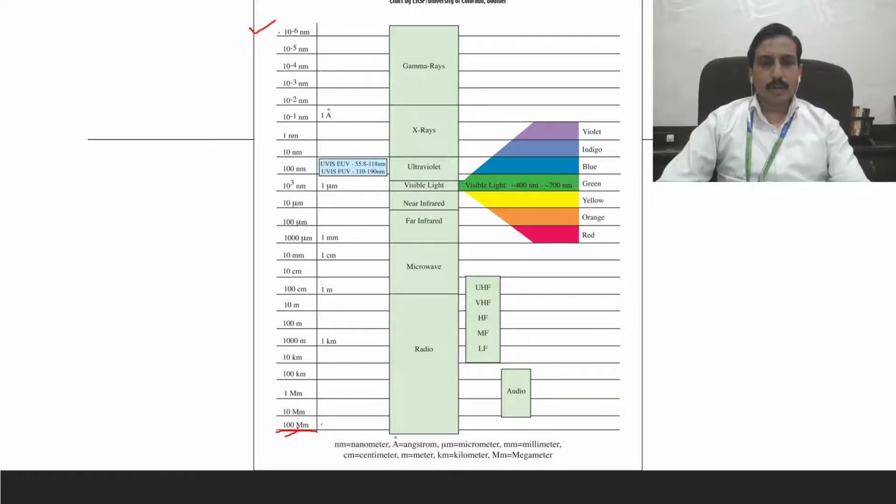If you concentrate over here, this is 100 megameter. Using our formula, wavelength is equal to speed of light divided by frequency, you can easily convert this megameter into frequency. So this 100 megameter is equal to 3 hertz.